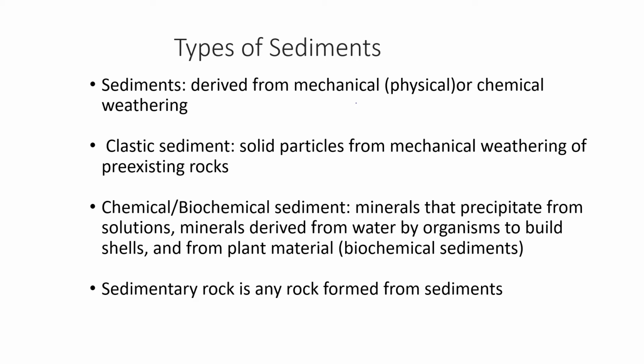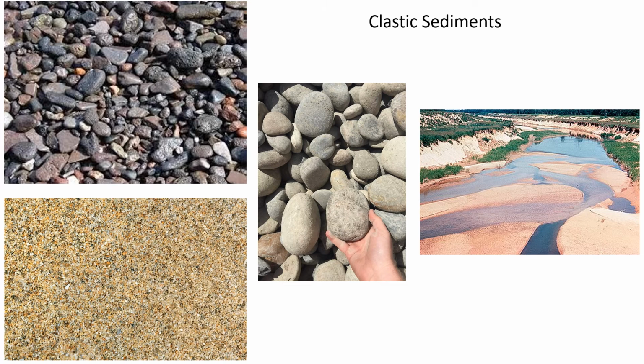Once those organisms die and their little carcasses float to the bottom of whatever water body they're living in, they will get compacted and transformed into sedimentary rocks. Same thing with plant material in the case of coal beds, C-O-A-L, coal. So any rock that is formed from sediments is called a sedimentary rock.